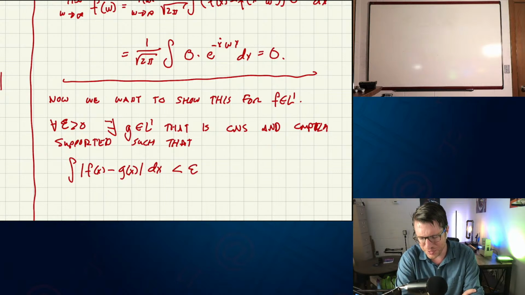You know what? I'm going to need the epsilon over 3, so I'm just going to use that. So epsilon over 3. We can make it as small as we like.